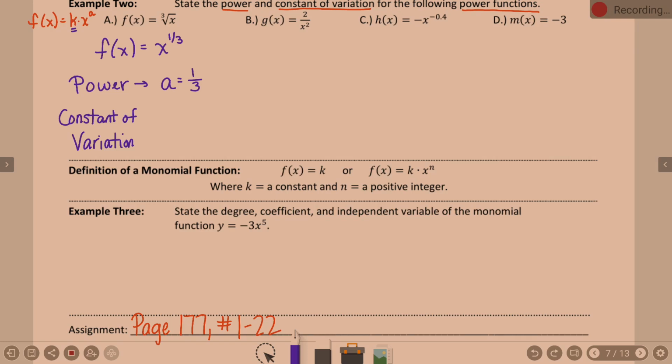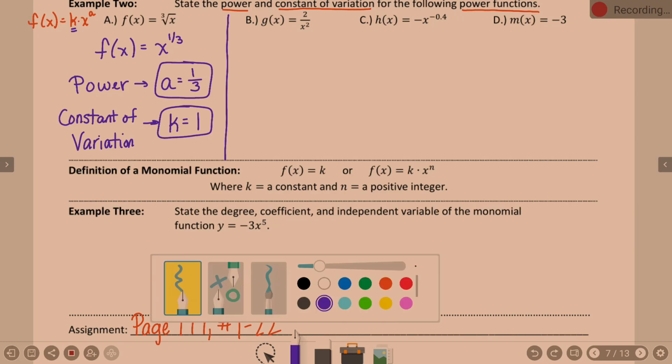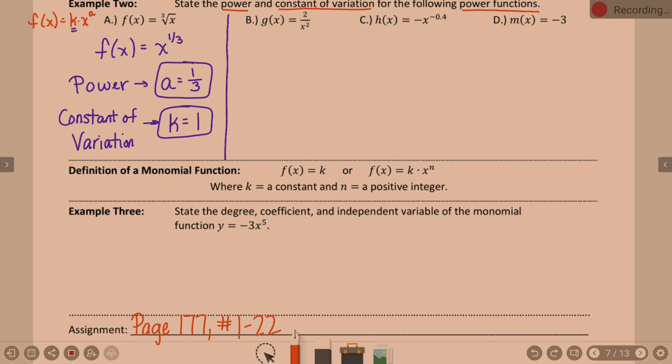Non-zero is the requirement. So it is your k, so I'm going to define this as k equals 1. And I'm just going to use a and k across my screen now because I don't want to keep writing those words. Okay, are we good? Okay, let's try B.